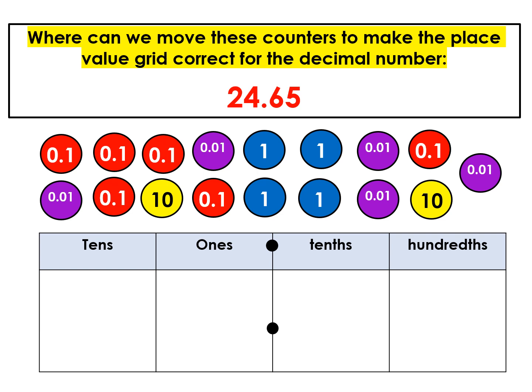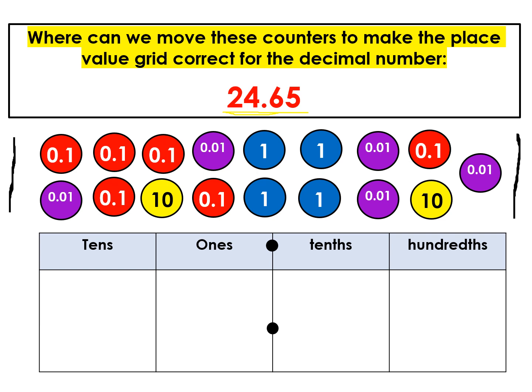Okay, so the first thing we're going to do is look at this place value grid, and we've got a decimal number which is 24.65. So I'm just going to underline that there. Okay, and we've also got some counters which are over here.